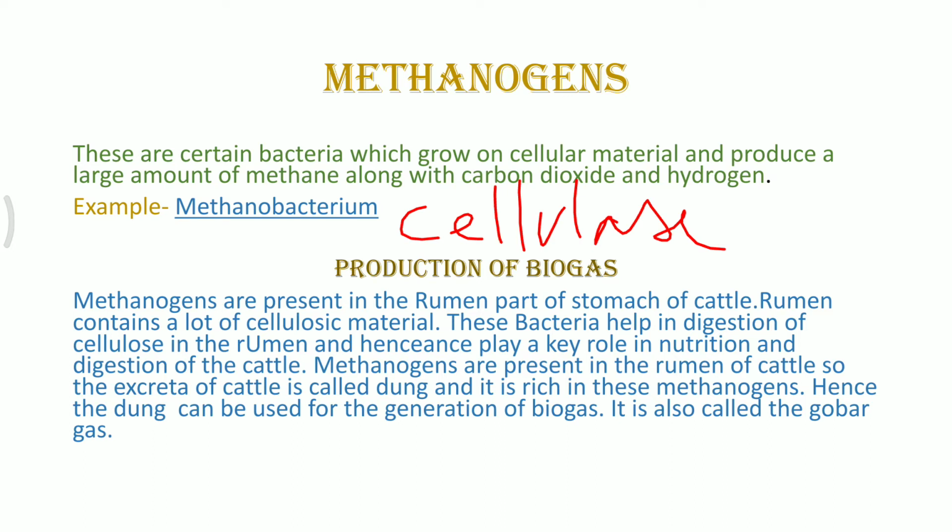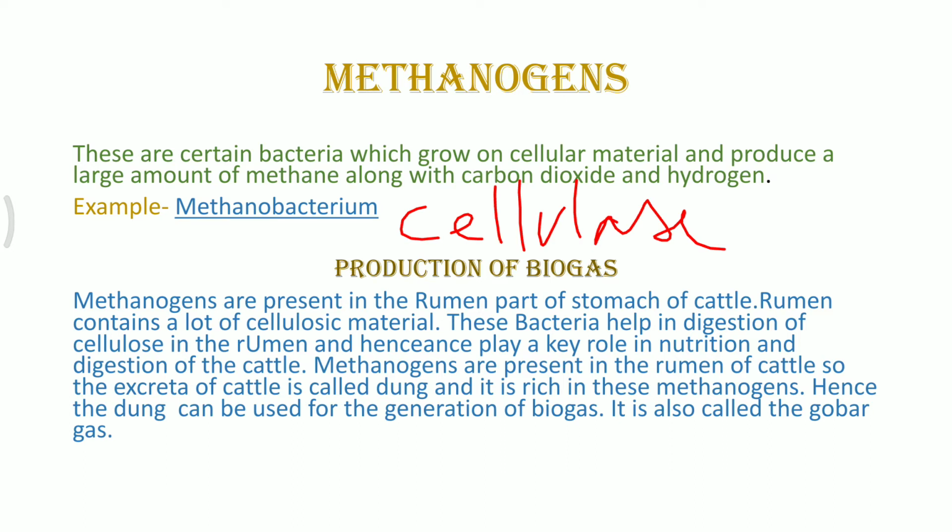So whenever cattle, cow, buffalo, whichever animal it is, consume grass, they churn the grass and it is stored in the rumen part. While it is present in the rumen, the methanobacterium start acting over it. There can be some other examples like rhinococcus.